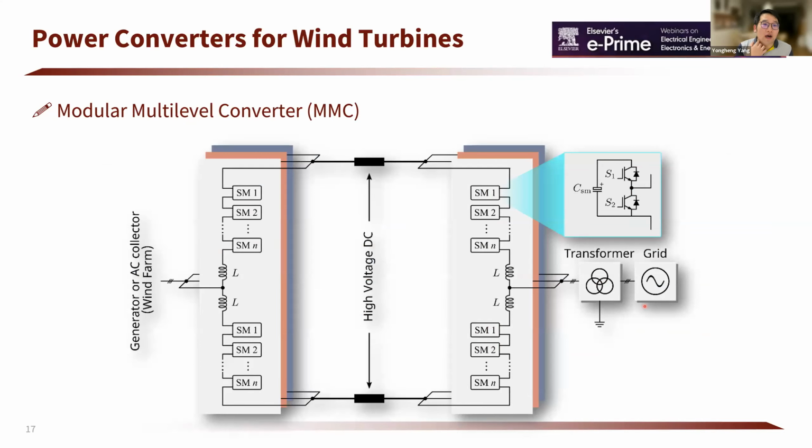One example of series connection is the modular multi-level converter. You can use half-bridge or full-bridge solutions connected in series, so that each phase can handle higher voltage and the entire system can handle higher power.